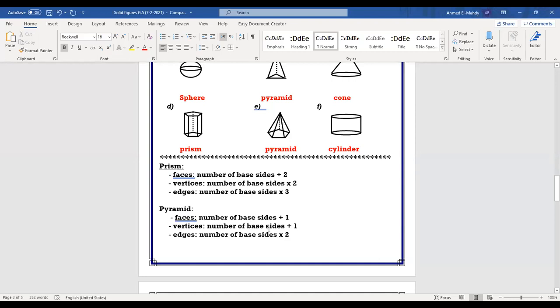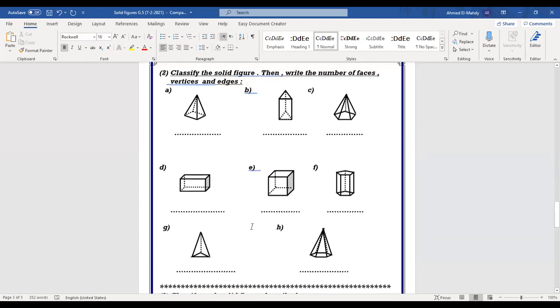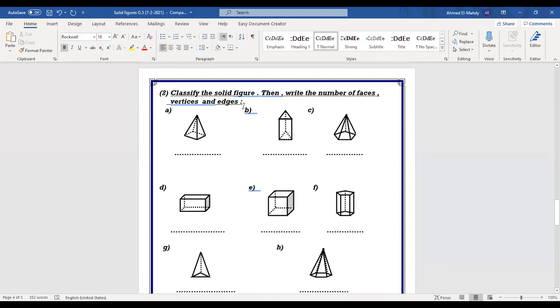Now, in this exercise, you want to classify the solid figure and then write the number of faces, vertices, and edges. We write the name of the pyramid and also the name of the prism according to the name of its base.